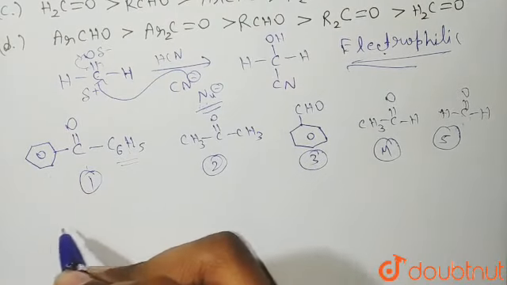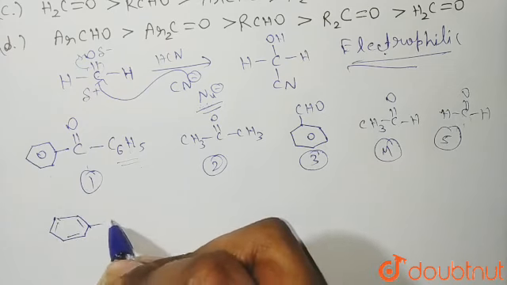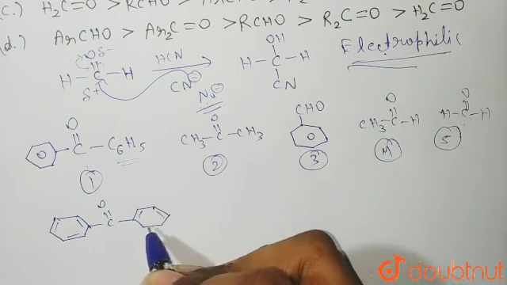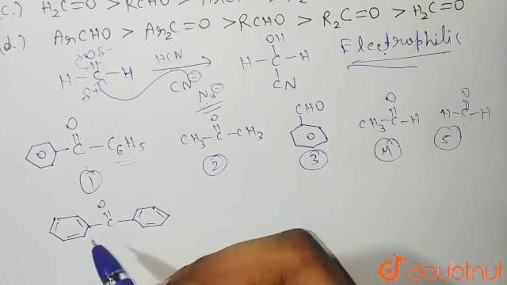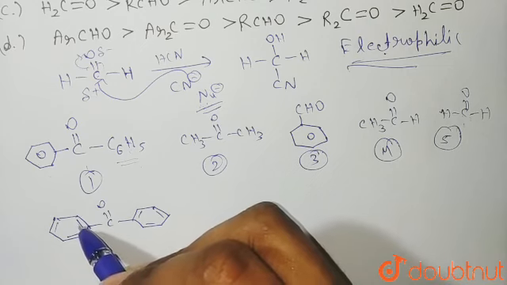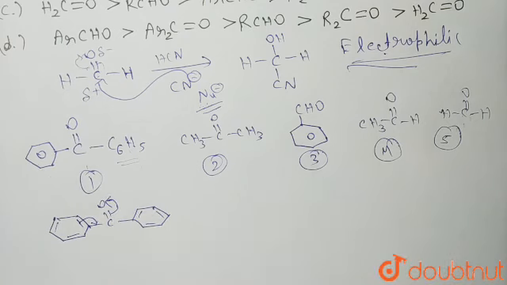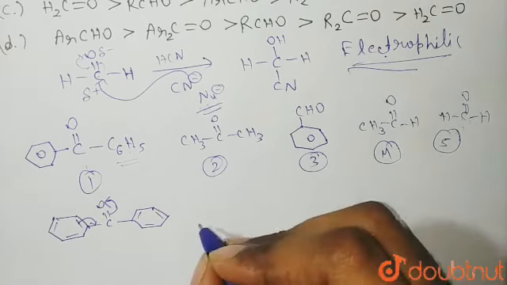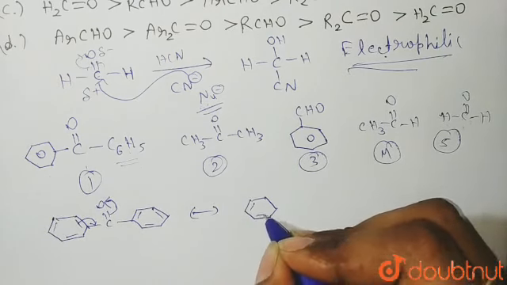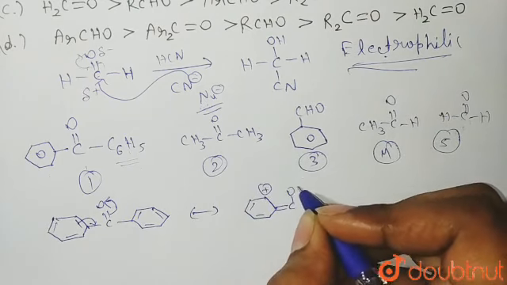If I draw the structure again, C double bond O with two rings, the double bonds of the benzene ring can go in resonance with the carbonyl carbon, leading to resonating structures with a positive charge on the ring, a double bond to carbon, and O minus.